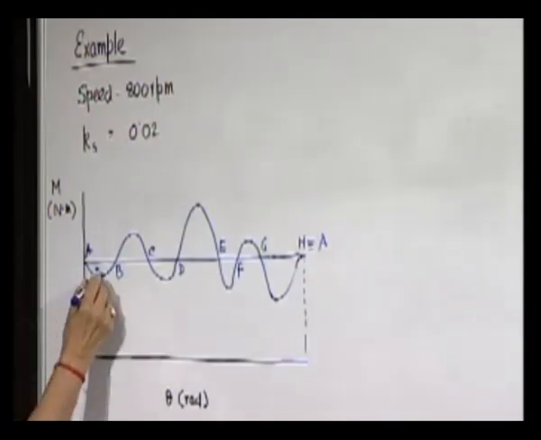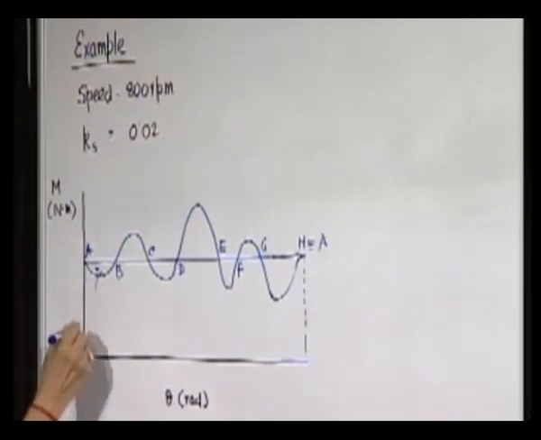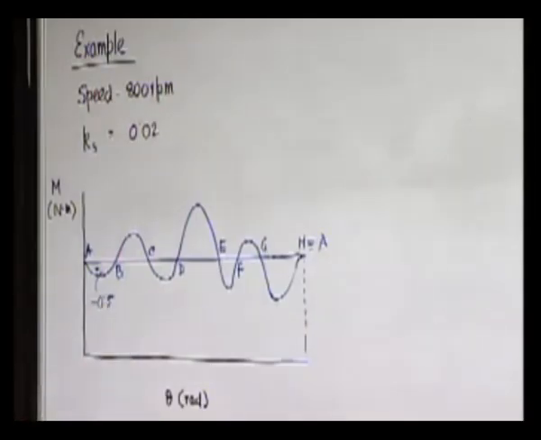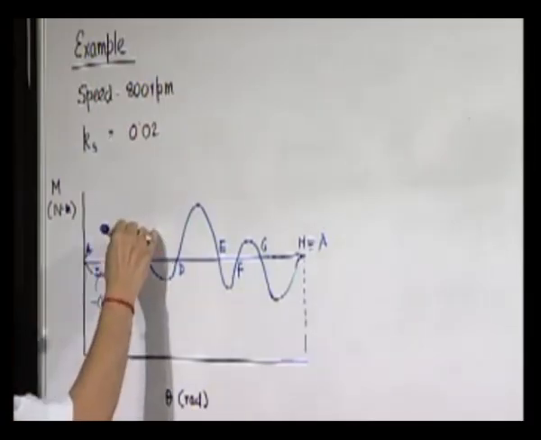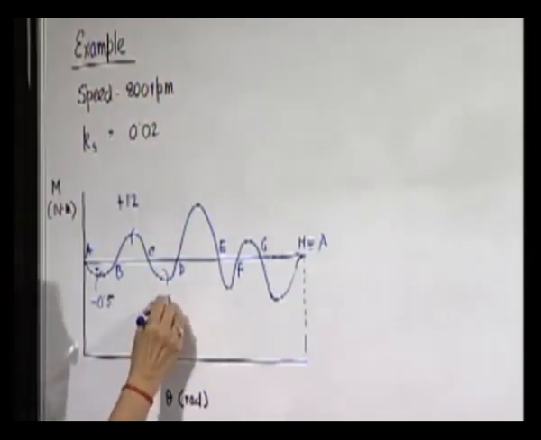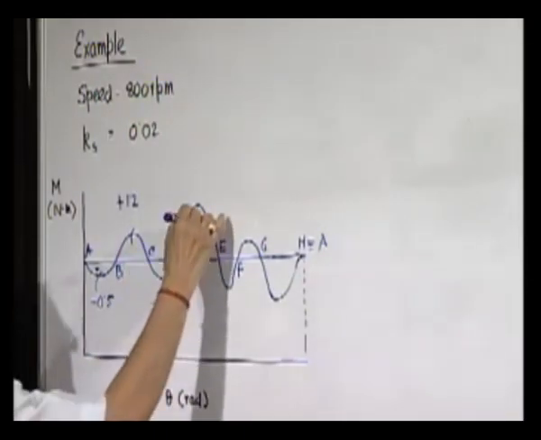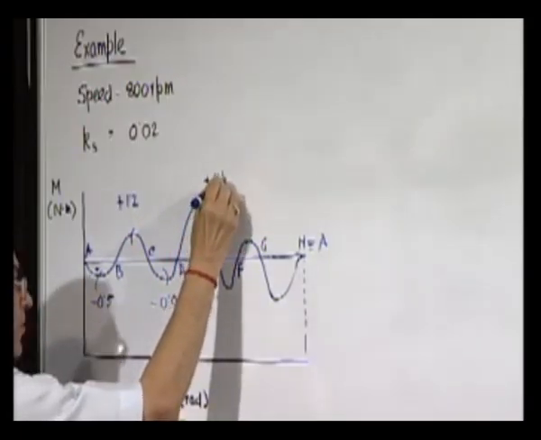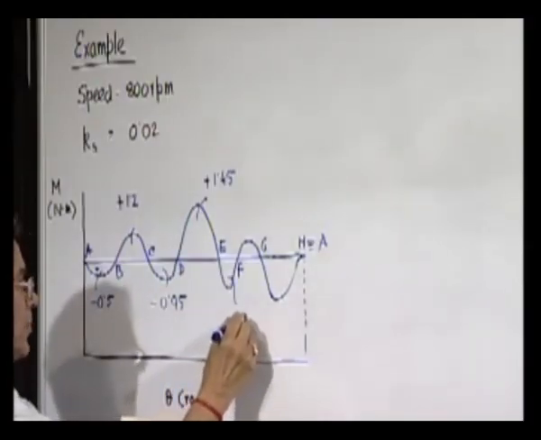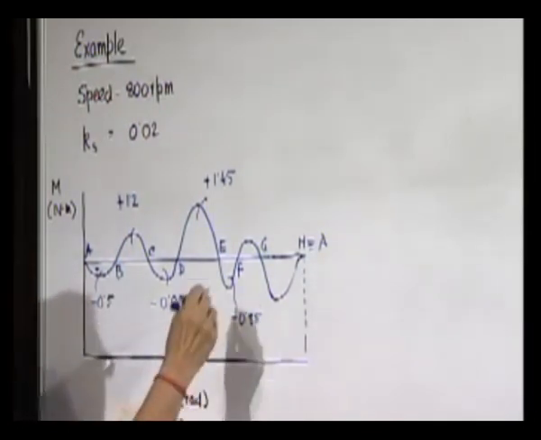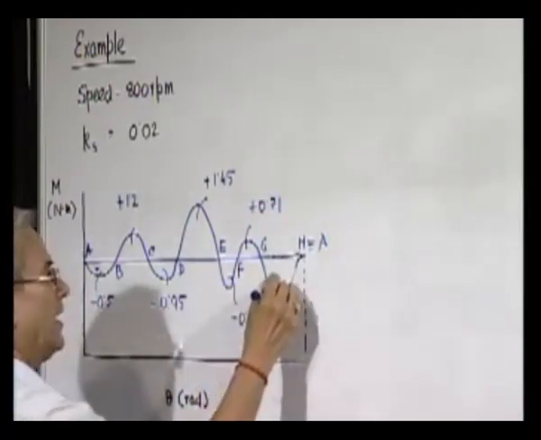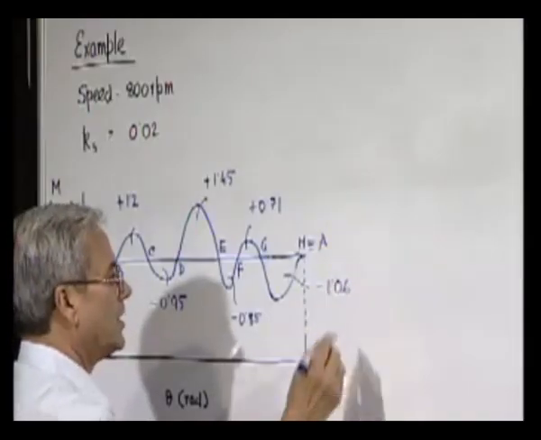The areas, when you plot it, are found to be: minus 0.5 centimeter square, plus 1.2 centimeter square, minus 0.95 centimeter square, plus 1.45 centimeter square, minus 0.85 centimeter square, plus 0.71 centimeter square, and minus 1.06 centimeter square.